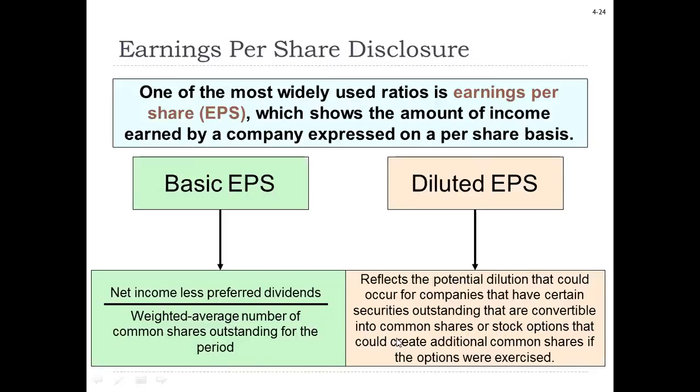The total potential number of shares from these convertible instruments is added to the actual number of common shares outstanding. That's called diluted earnings per share, and we'll go over that in more detail later.